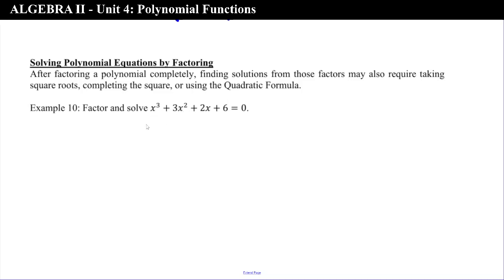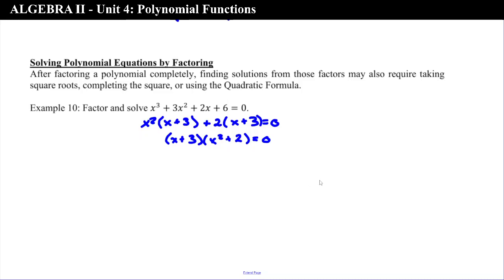What can we factor out of the first 2 terms? An x squared. And that's going to leave us with an x plus 3. Well, we know we want to get an x plus 3 on the other end. So what do we pull out of these 2 terms to make that happen? A plus 2. And so we end up with x plus 3 times x squared plus 2 equals 0.